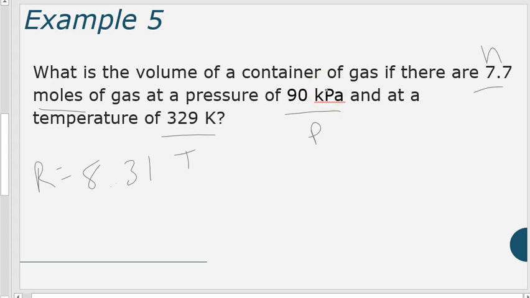So we're looking for volume, right? So we don't know what volume is. So our pressure is 90. We don't know what our volume is. That's what we're solving for. Let me back up.